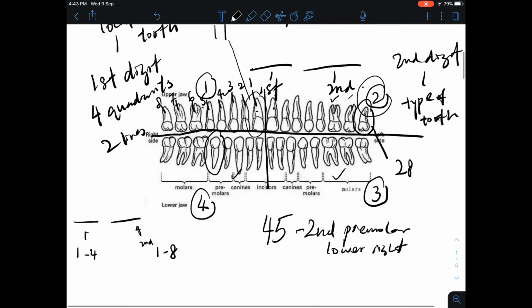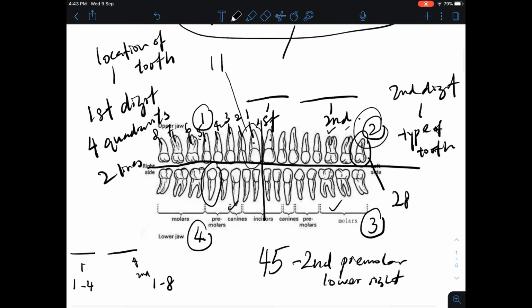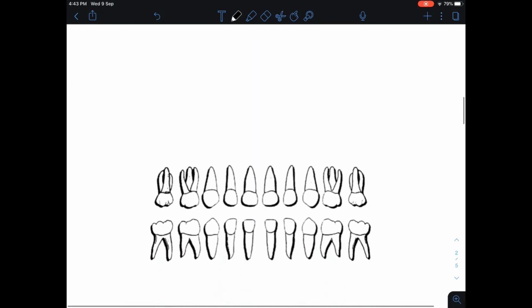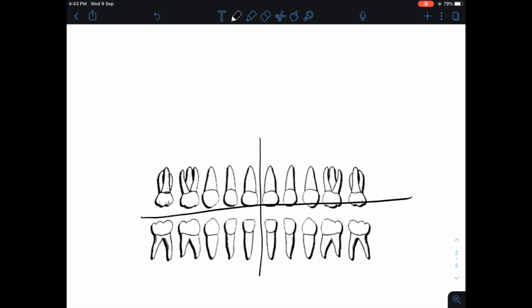Next, I'm going to talk about children dentition. For children dentition, they are also divided into 4 quadrants, one dividing into the upper and lower, one dividing into the right and left. Remember, this side is right because you look at the person from the front.